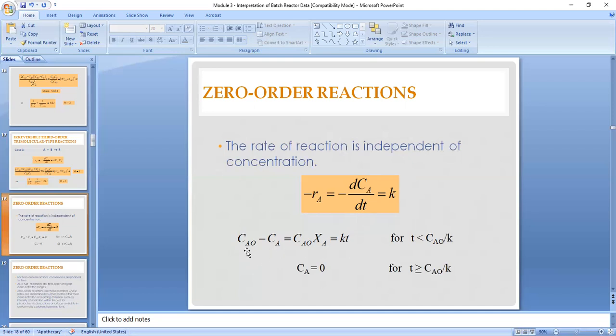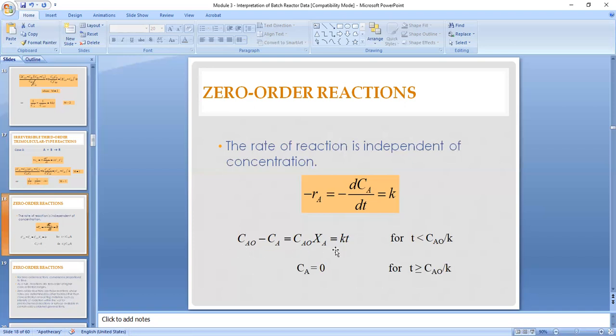Now, CaO is the initial concentration and Ca is the concentration of A after some time. If you take the difference of these two, it represents the amount of A that has reacted. Initial minus final is the amount that has reacted or disappeared. So this is your working equation.